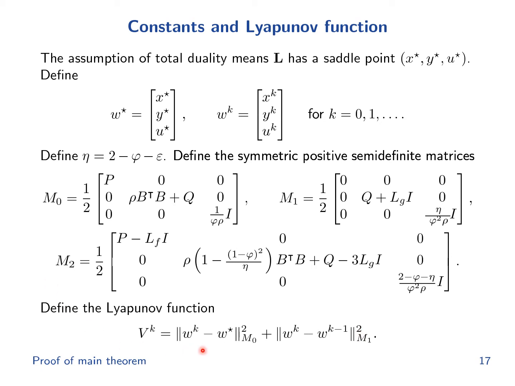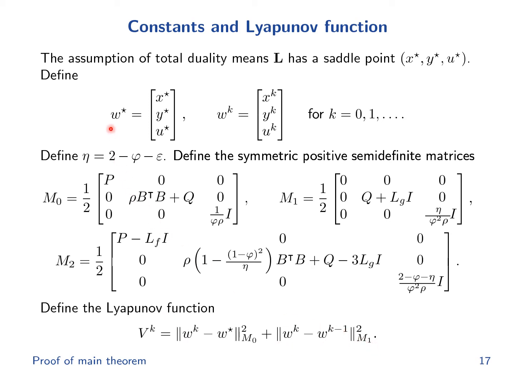To clarify, this norm is the sum of the norm between x star and xk induced by half times P, and the norm of y star minus yk induced by half times this matrix, plus the norm of u star minus uk induced by this matrix with half in front of it. So there are really 3 terms here and another 3 terms there.